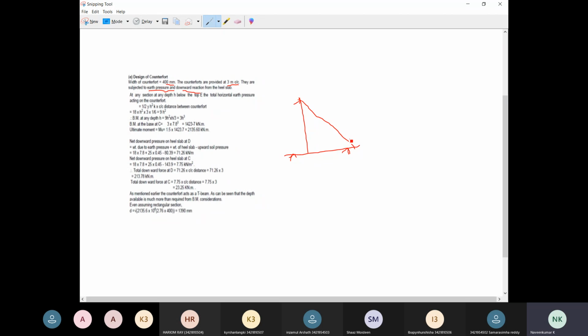The counterfort will be provided like this, and it will be tied together with the base slab. So this slab is trying to push the counterfort support downwards. This is the heel slab and this is the toe slab, and the heel slab will be tied together with the counterfort support.